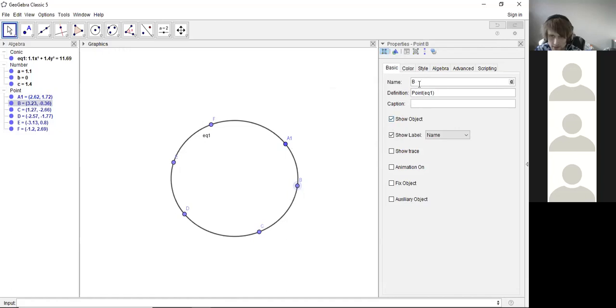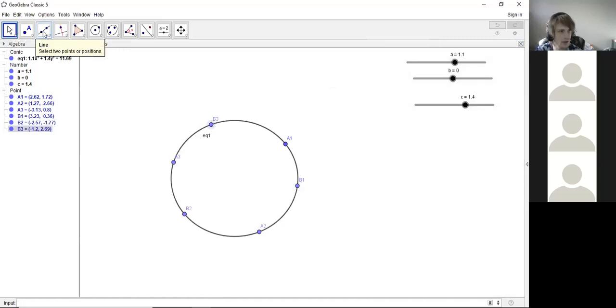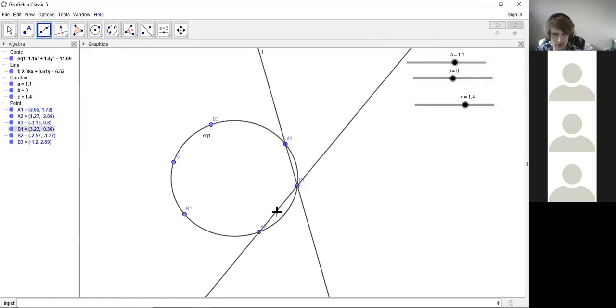Oh, that didn't save. A2, B2, A3, B3. So if you're interested in a proof of the cubic Cayley-Bacharach theorem, you should definitely start studying algebraic geometry.